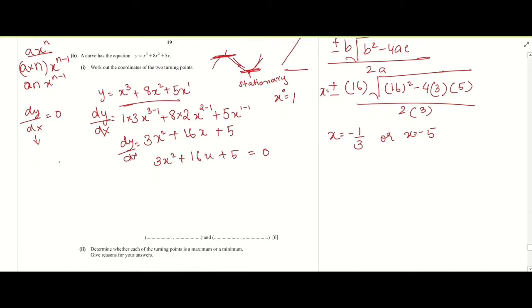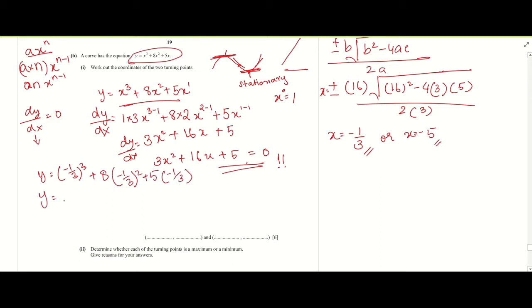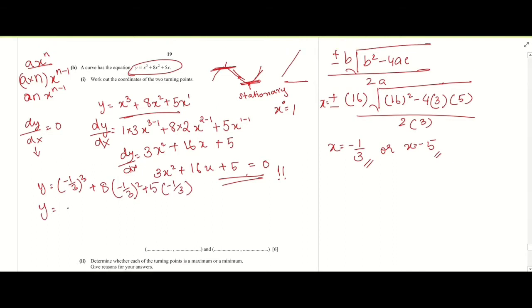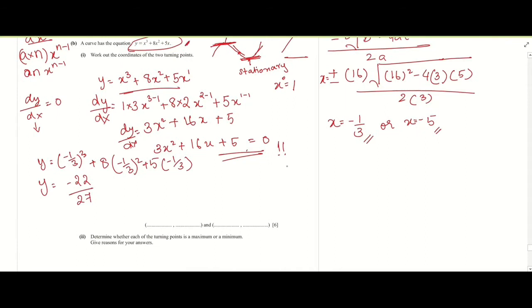So now what we need to do is find our y value. y equals negative 22 by 27.